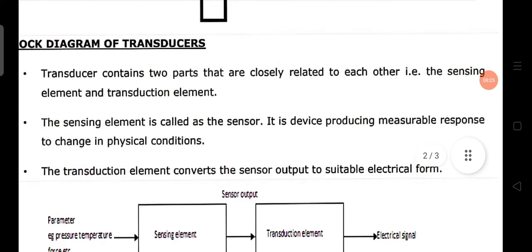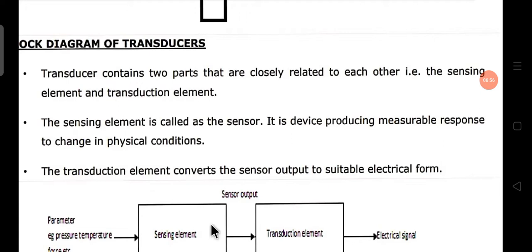So the transducer contains two parts that are closely related to each other, the sensing element and the transducing element. Including both elements, we get our transducer. The sensing element is called a sensor. It is a device producing a measurable response to a change in the physical condition.